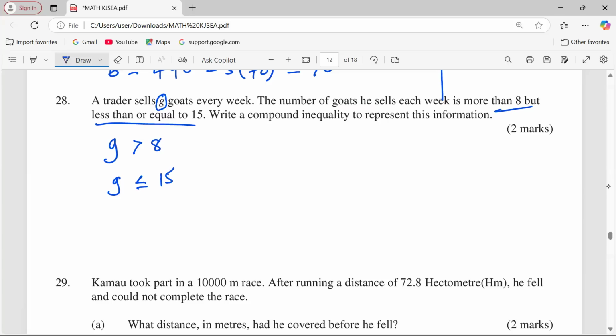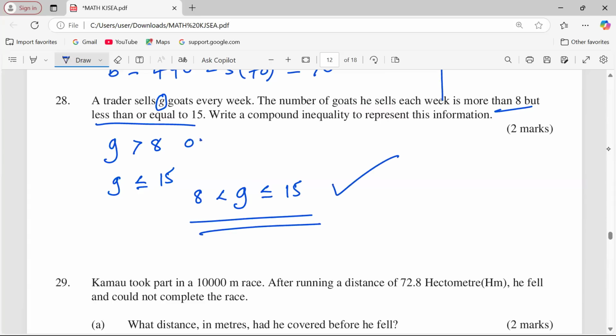The number can be anything above 8, but not 8, and not beyond 15. It can be 15 or below. So it is between 8 and 15, but 8 is not included. So this is the compound inequality which represents the same.